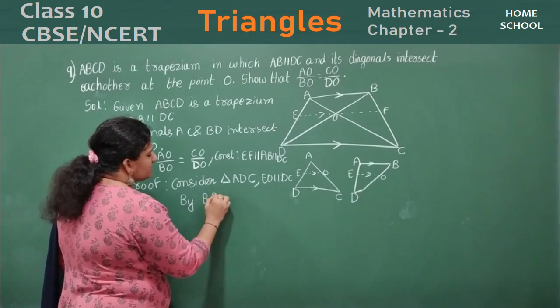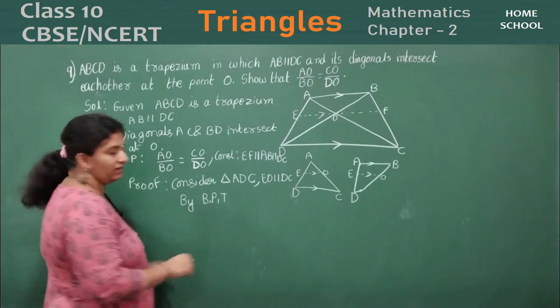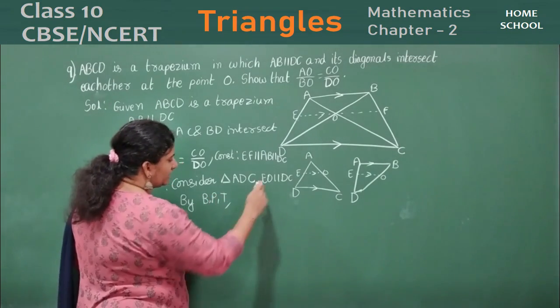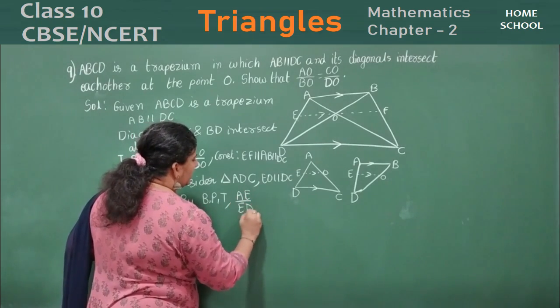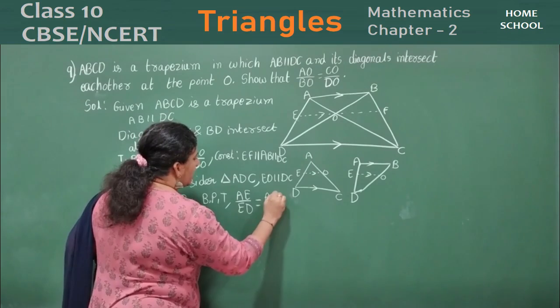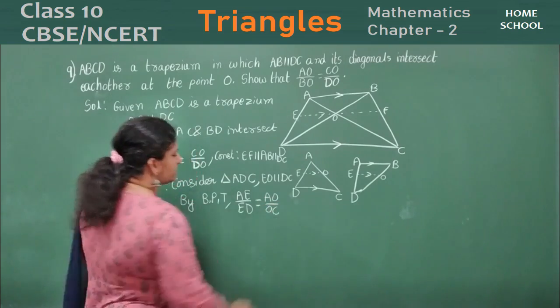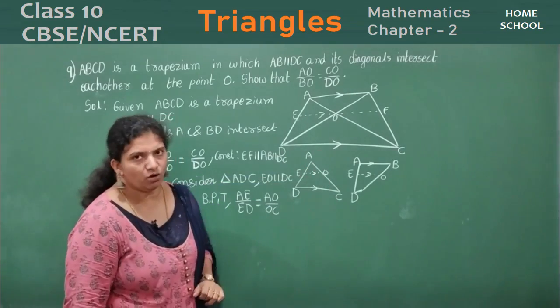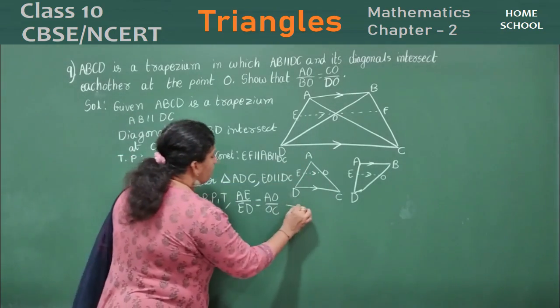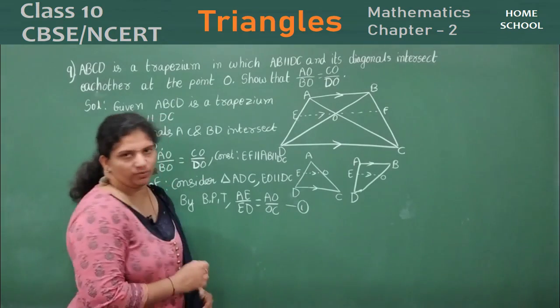By basic proportionality theorem, AE by ED is equal to AO by OC. Mark this first equation.